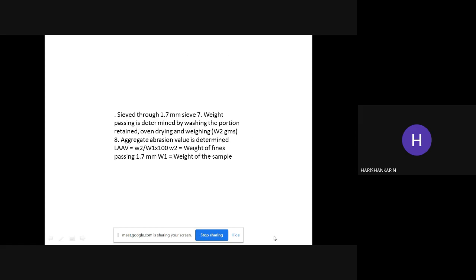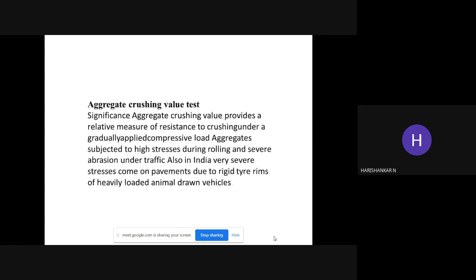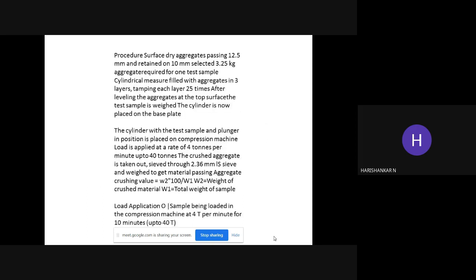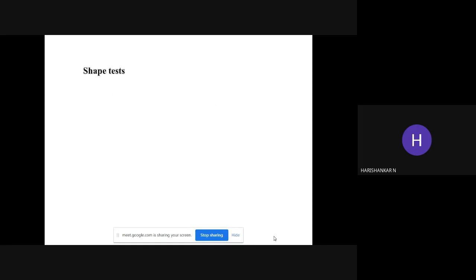After that you have the aggregate crushing value test, and you also have the aggregate impact value test. These two tests are almost the same, only the style of load application differs. In the crushing value test we apply the load slowly, but in the impact value test we provide it as an impact load.